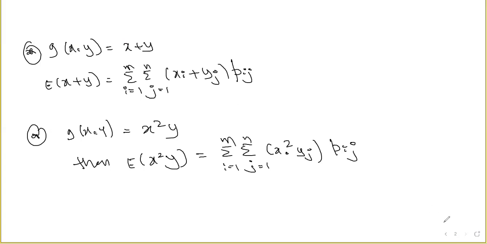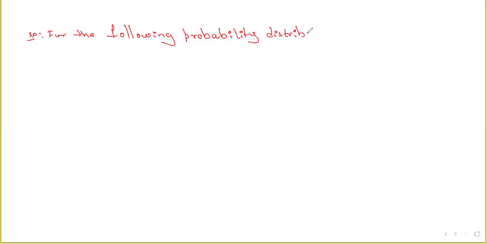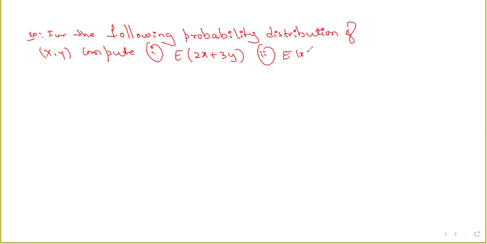For this, we have one example here. For the following probability distribution of x comma y, compute first the expected value of 2x plus 3y, then second, the expected value of x square into y.